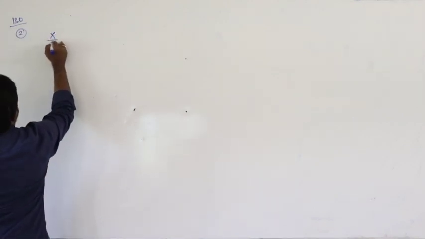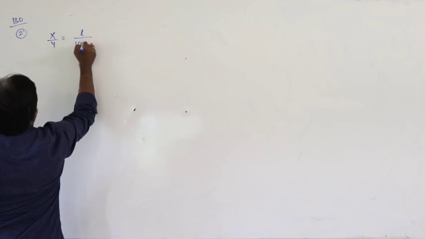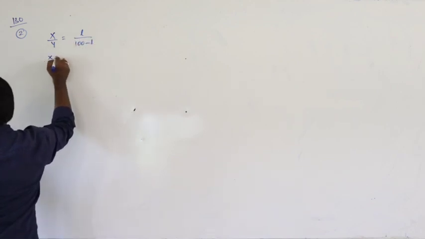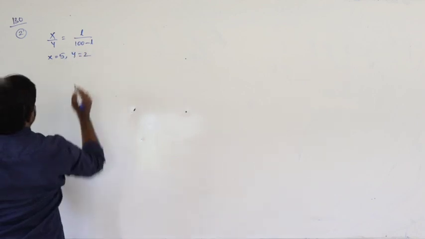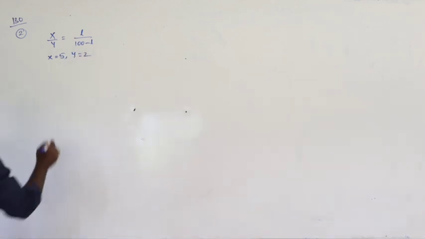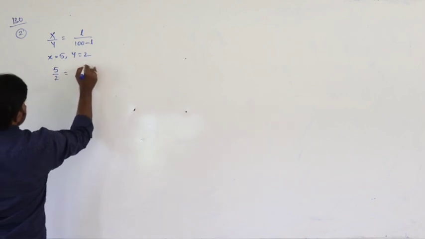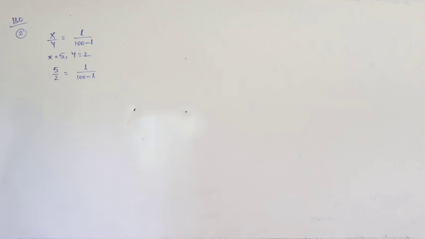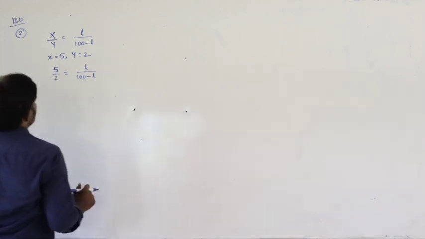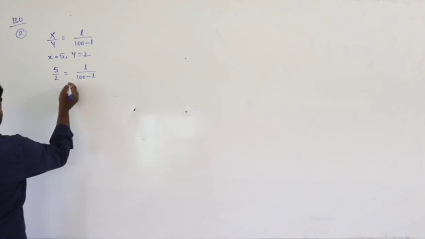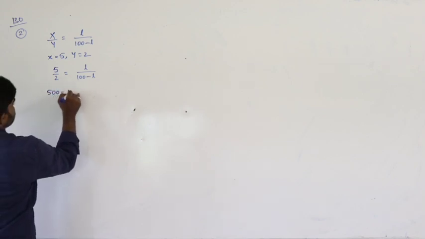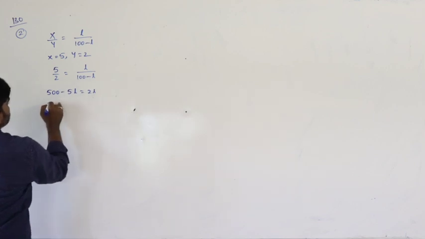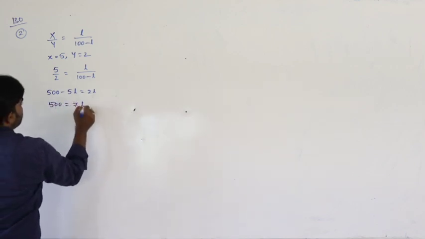First we know x by y is equal to L by 100 minus L. So here in the first case x is given as 5 and y is given as 2. So 5 by 2 is equal to L by 100 minus L. So 500 minus 5L is equal to 2L, 500 is equal to 7L.